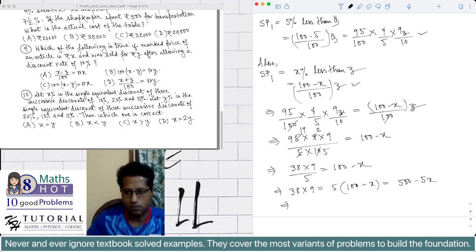This implies 5x is equal to 500 minus 38 multiplied by 9.